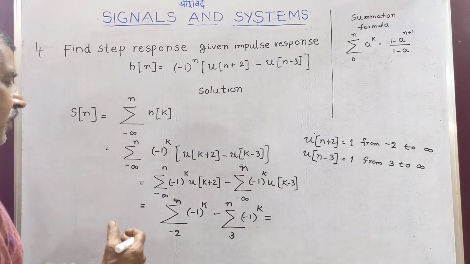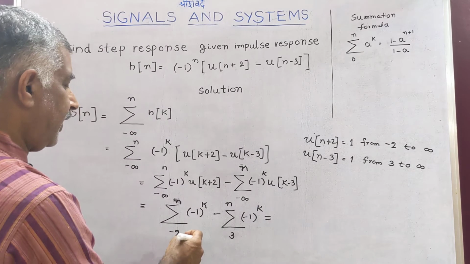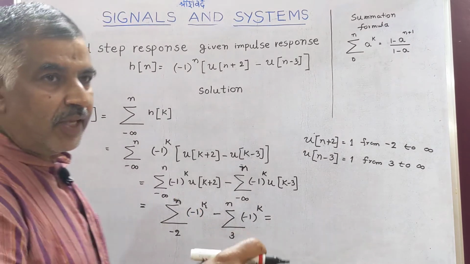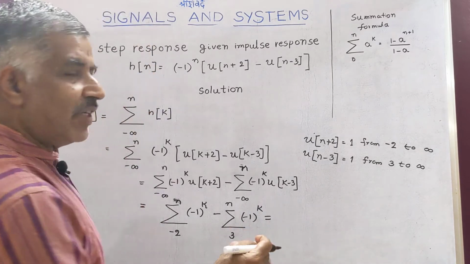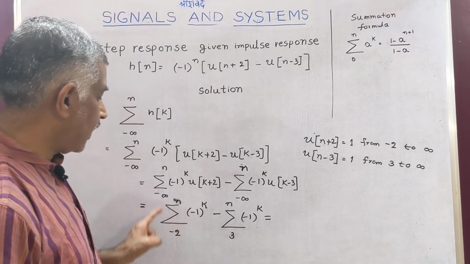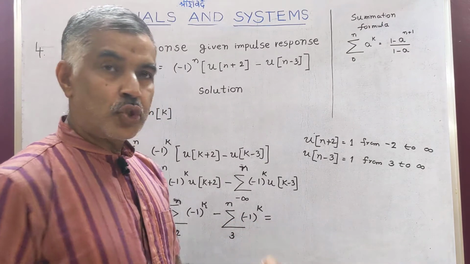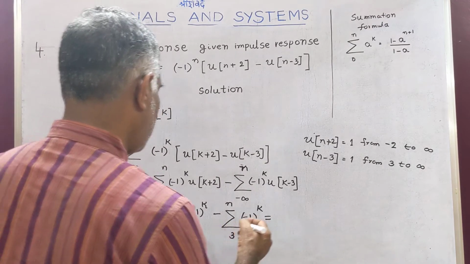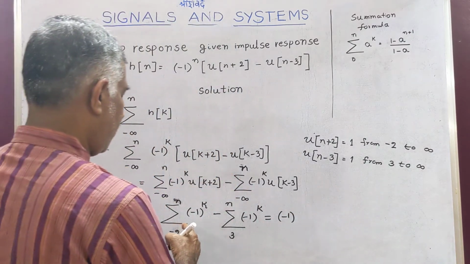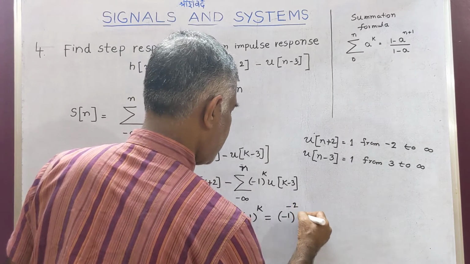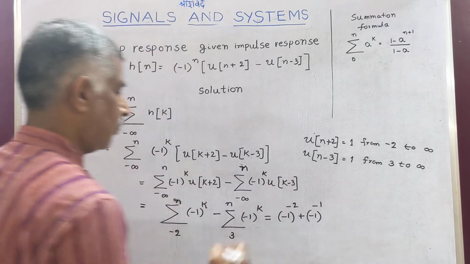So now first I will take this. After minus 2, minus 1, comes 0. Therefore, I will separately write the terms that come under the summation by giving values minus 2 and minus 1 to k: minus 1 to the power of minus 2 plus minus 1 to the power of minus 1.